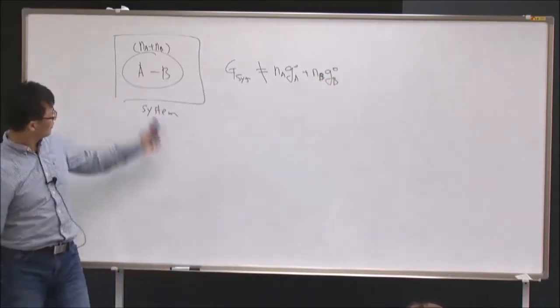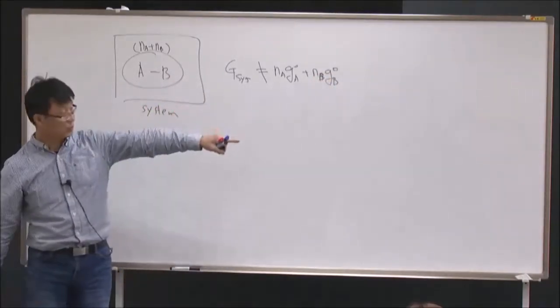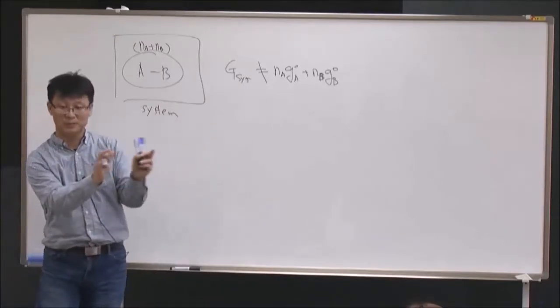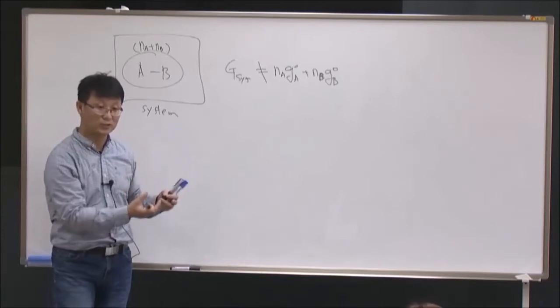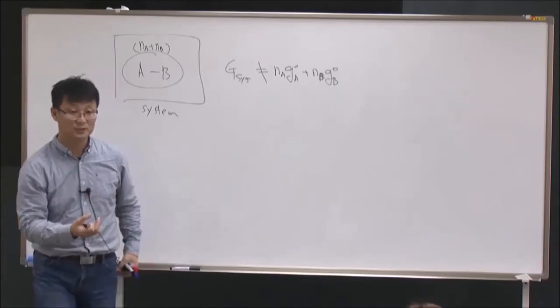It should not be. There's some difference here. When you have pure A and pure B separately, versus A and B mixing together as one phase, there should be some difference.